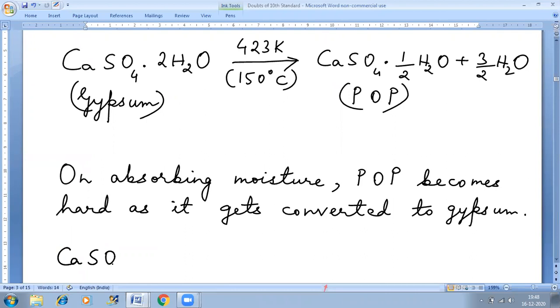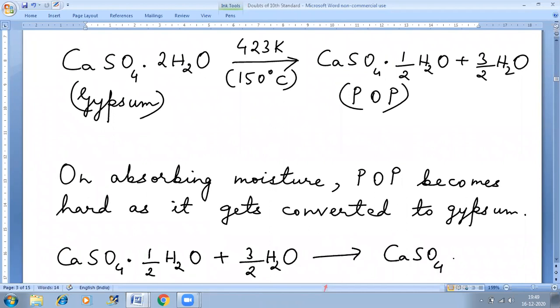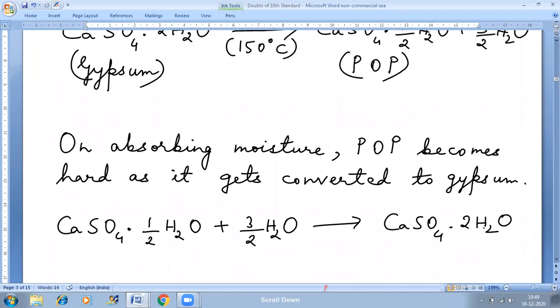So if you let POP react with moisture or water from the surroundings, it will absorb the water molecules to form gypsum back again. That is why we ensure that we store POP in waterproof containers and also airtight containers, because else it may absorb moisture from the air.